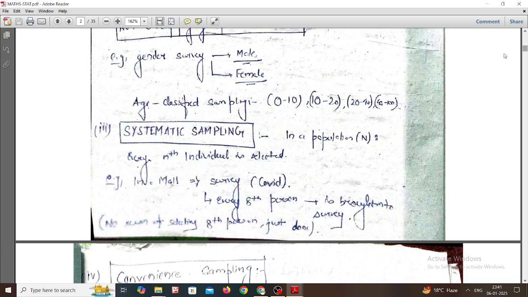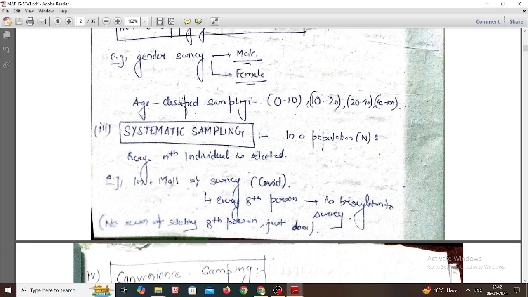Now, as we move into systematic sampling, what happens? We have that particular class wherein there are a total of 10 students, and we say that every second student will be picked for this survey. So every even-numbered student is picked up till 10. So 2, 4, 6, 8 and 10 are the students, basically 5 students.